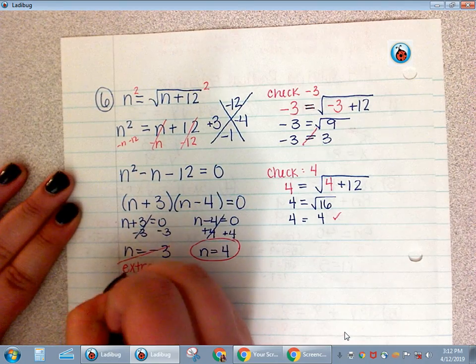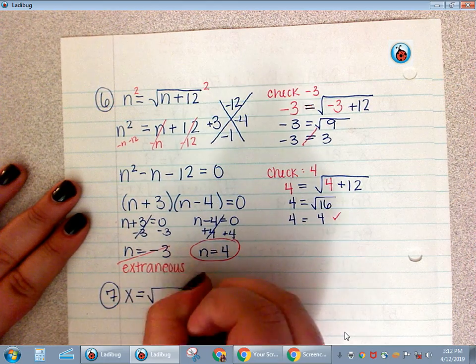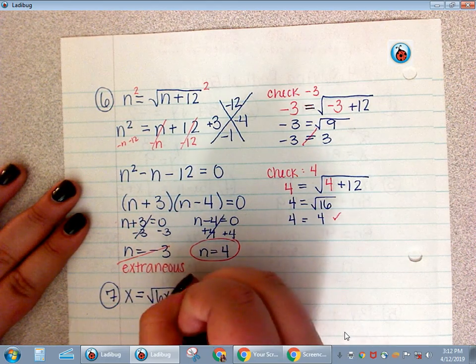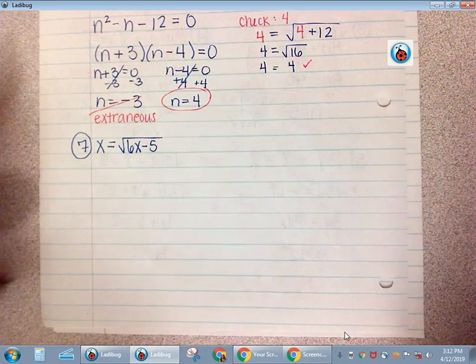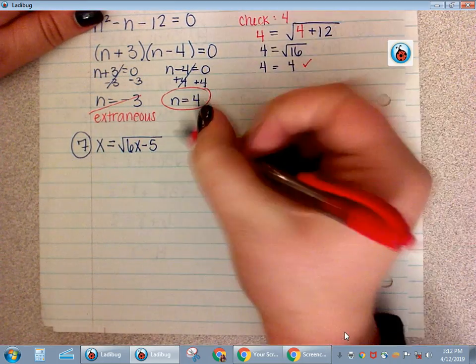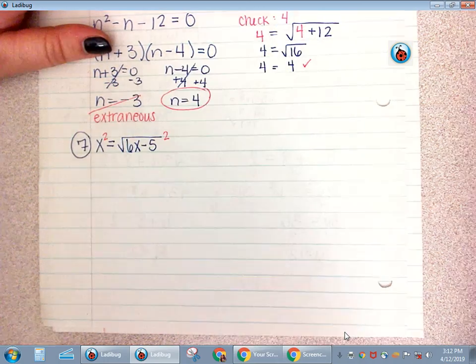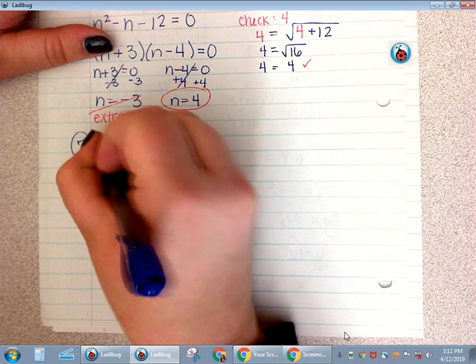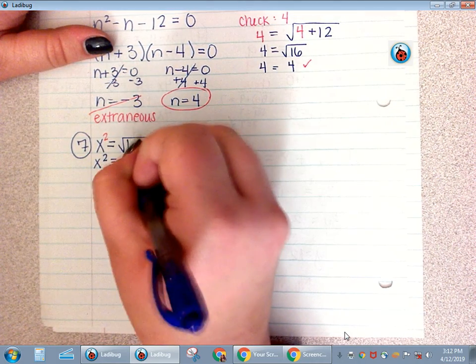Let's look at the next one, number 7. X equals the square root of 6x minus 5. So again, the square root sign is isolated, so we'll square both sides. X squared equals the square root and squared side, those cancel.